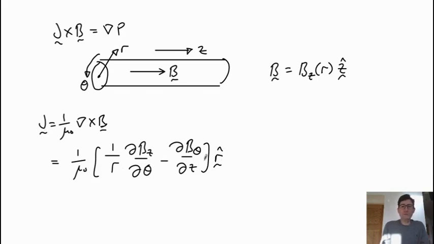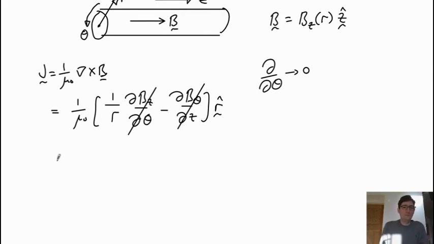We expect this to be 0, because J dot grad P must be equal to 0. Everything is constant in theta, so d by d theta goes to 0. Everything is symmetric in theta, so that goes to 0. There's no magnetic field in theta, so this also goes to 0.